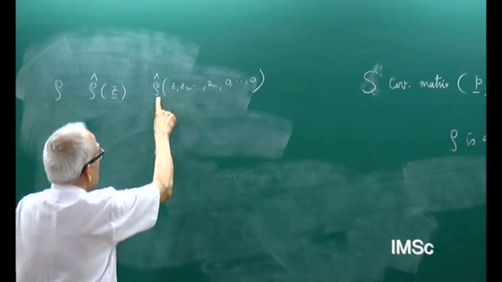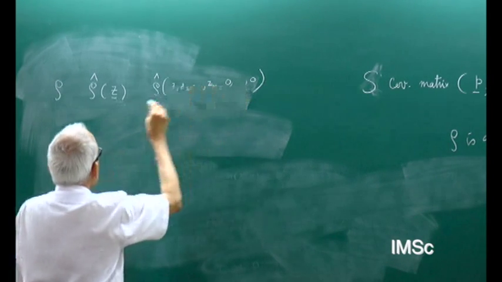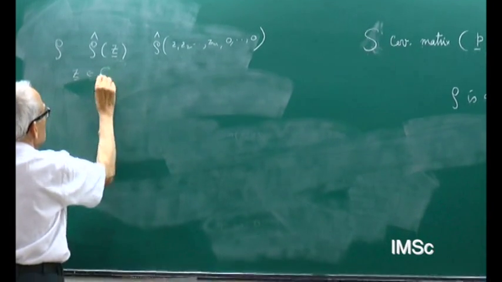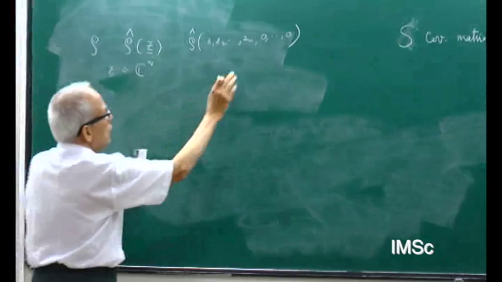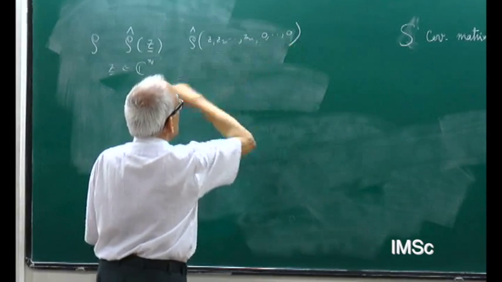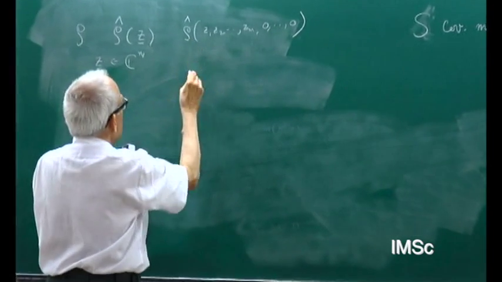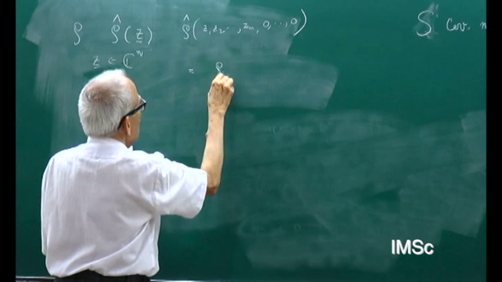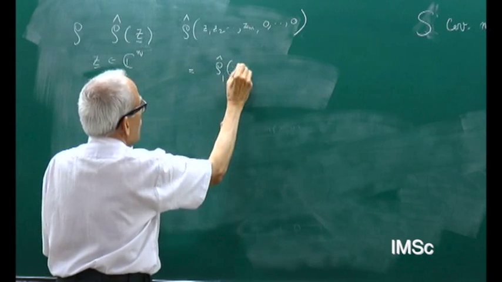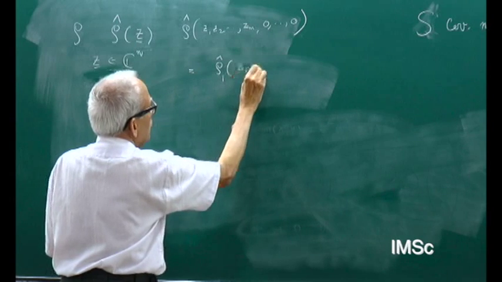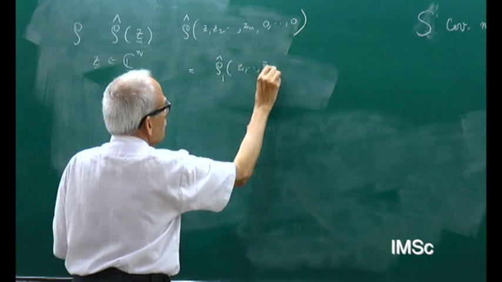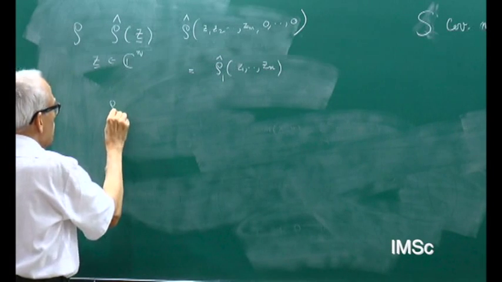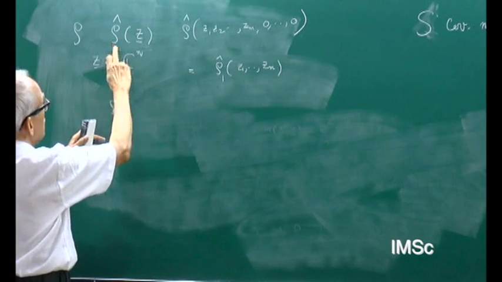Note that this Z belongs to Cm, and I put the last n minus m coordinates 0. Then what happens? This is some other rho 1 hat of Z1, Z2, etc., Zm, where what is the state rho 1?